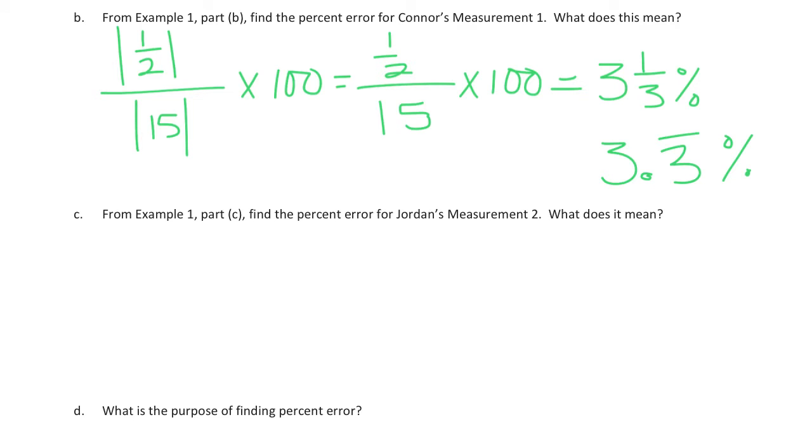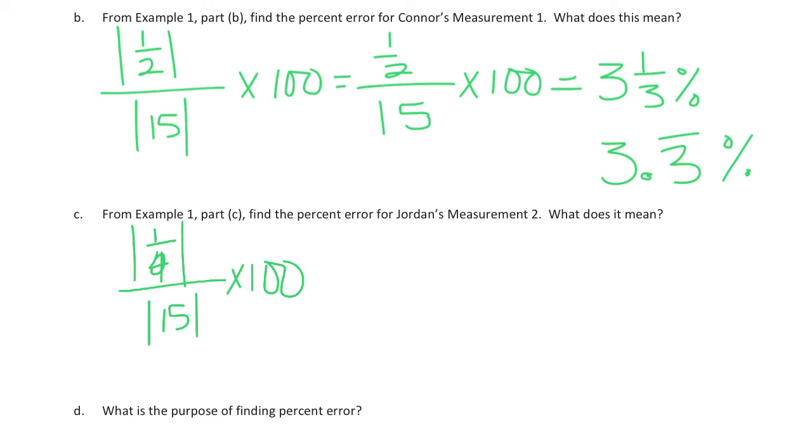Okay, and then for the next one, it says find Jordan's second measurement, her percent error. And so when we did that, we had absolute value of 1/4 over the absolute value of 15 times 100.